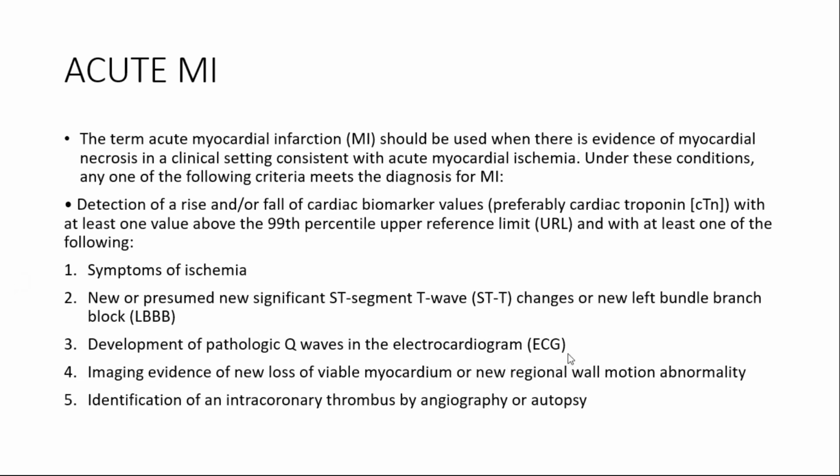There is a specific term used for new onset left bundle branch block in an MI patient, that is Sgarbossa criteria. It is a very important condition: if a patient has developed new onset LBBB, it is specific for MI.